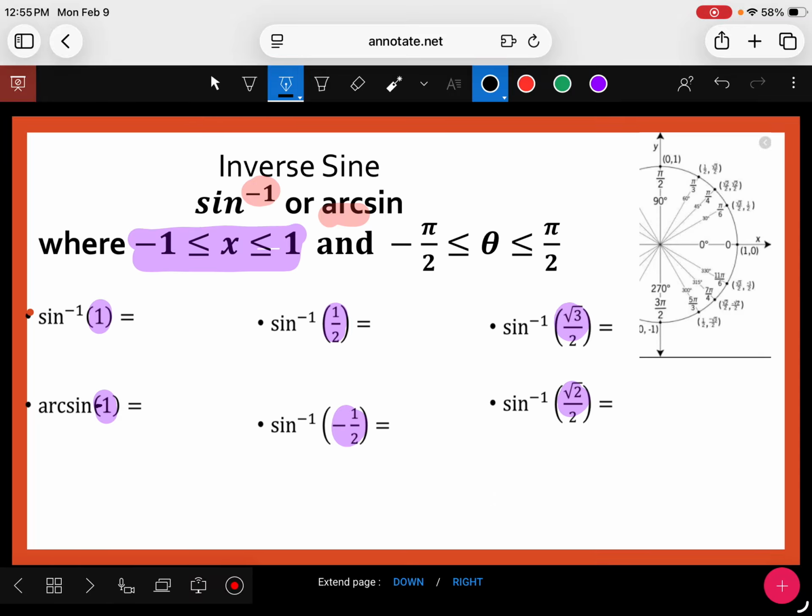That is why you cannot take the sine of a number that is less than -1 or greater than +1. All of my answers are angles, and the angles are between negative pi over 2 and positive pi over 2.